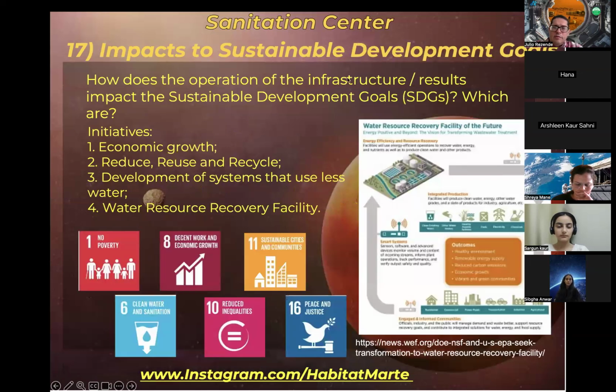The impacts on the sustainable development goals. We can see some impacts: water is very important to deal with poverty. Systems of sanitation are very important to combat poverty and can also promote decent work, and it is very important for sustainable systems when we have the sanitation systems operating.